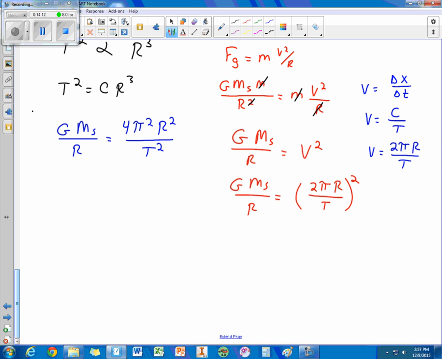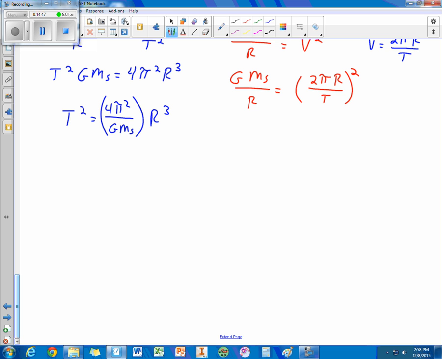I could then cross multiply, and I could then solve. So our constant then is 4 pi squared over G times mass of the sun. And that could be mass of the planet. It could be whatever's getting orbited around.